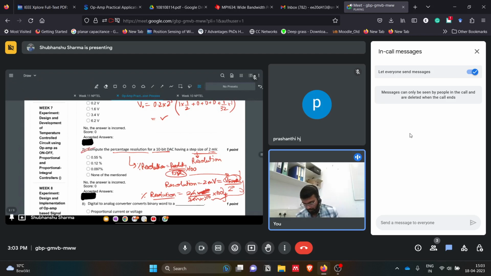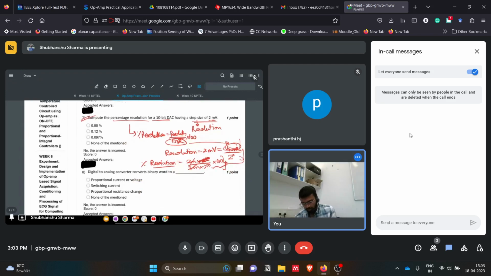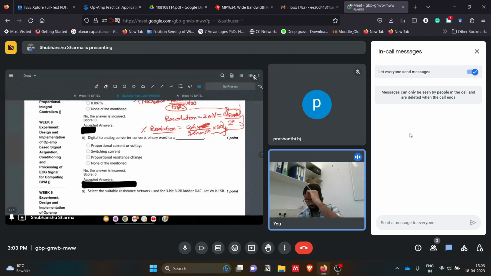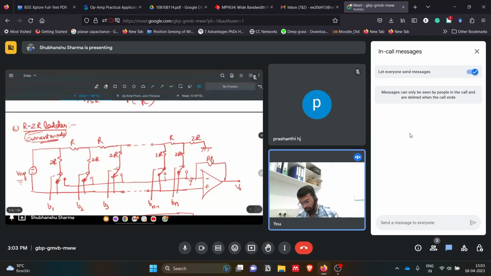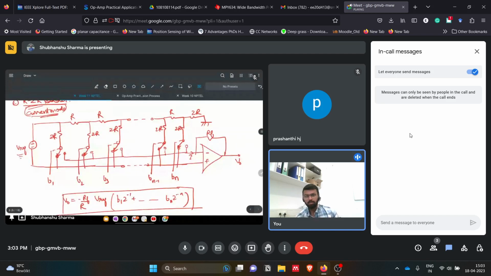So now the next question: a digital to analog converter converts a binary word to a... So we have seen in this also, I've told, this is a current mode. So basically it is converting the final output into a current, which we are finally getting in terms of voltage.